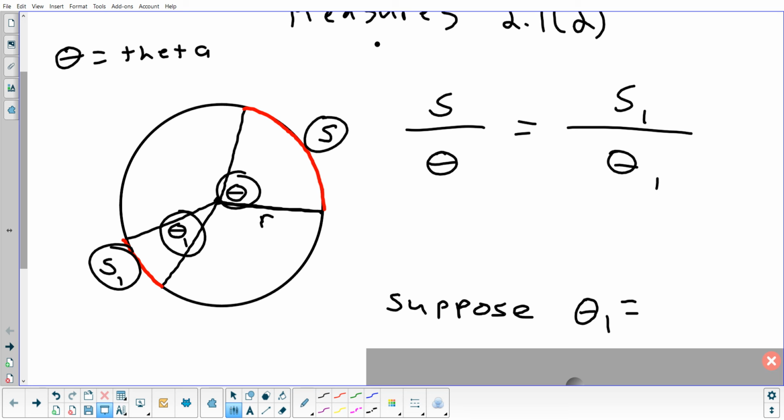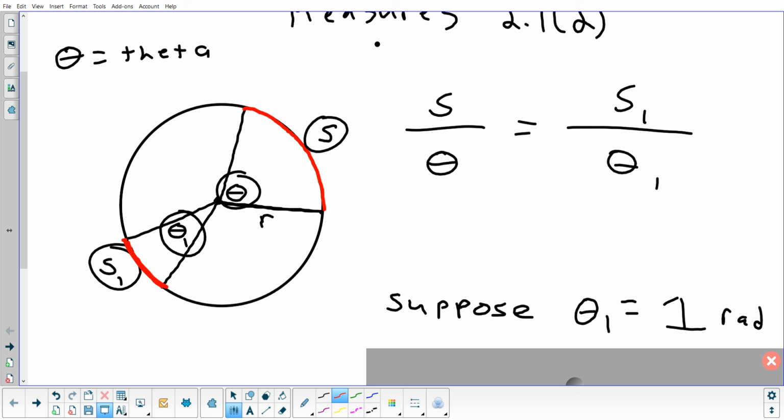Does anybody remember if I let this be 1 radian, what would it automatically make this arc the same as? Anybody remember? If you have an angle that's 1 radian, this arc is automatically the same as something else.